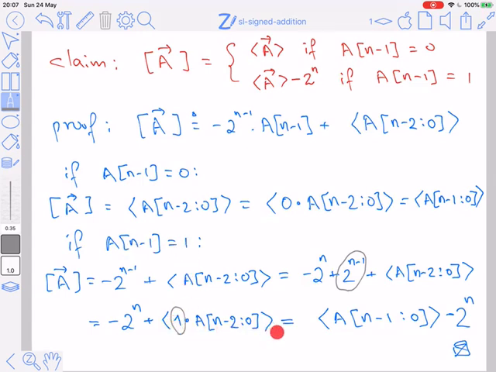So what we have over here is simply the number represented by the bits of a from position n minus 1 to 0 in binary representation minus 2 to the power of n. And this completes the proof, because the number represented by a in 2's complement representation equals the number represented by a in binary representation minus 2 to the n if the most significant bit is 1.